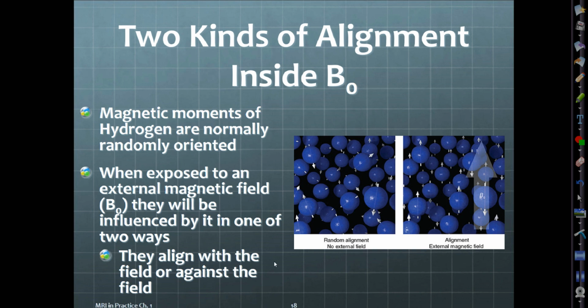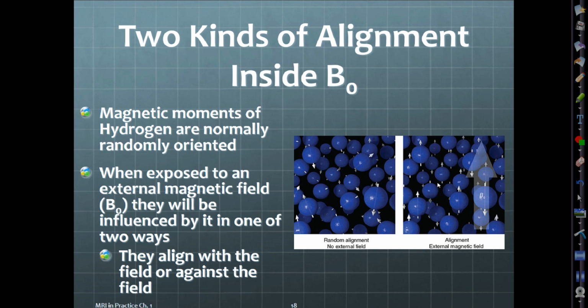They will either align with the magnetic field, so here's B sub 0, denoted by a large arrow. Imagine this arrow is pointing right through the middle of that scanner, going from south to north, and the flux lines are going from north to south.